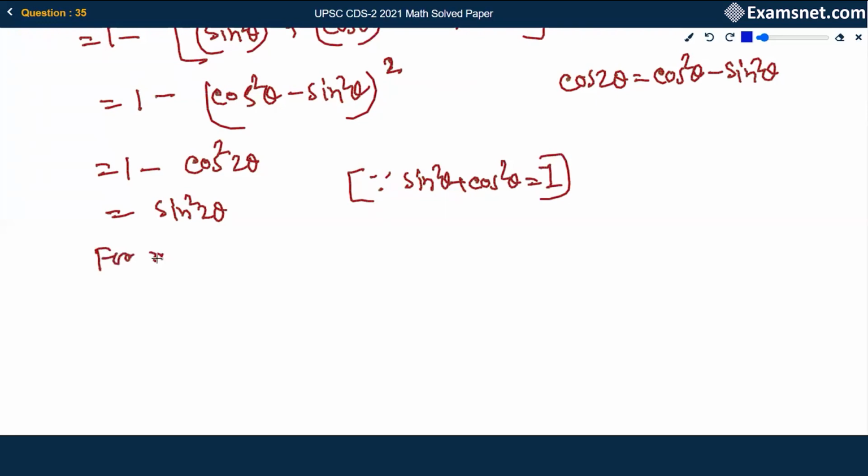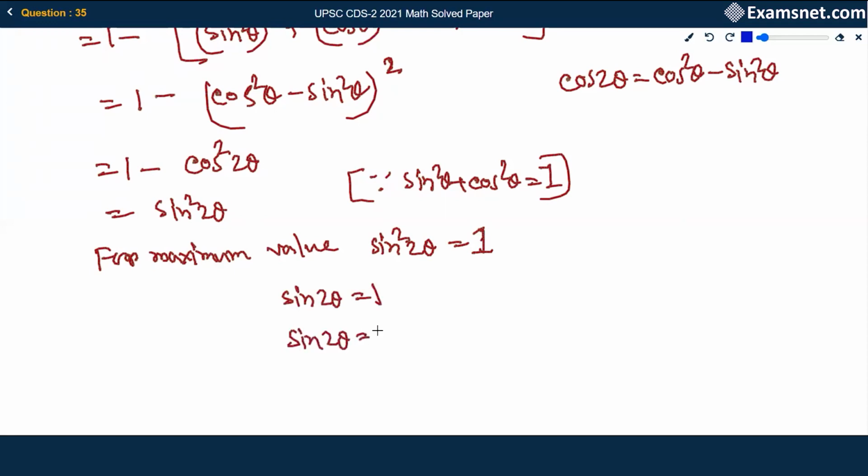For the maximum value, sine square 2 theta equals 1. So sine 2 theta is 1. We can write sine 2 theta as sine 90 degree. Sine being 1 gives us the angle 90 degree. That means theta is 45 degree.